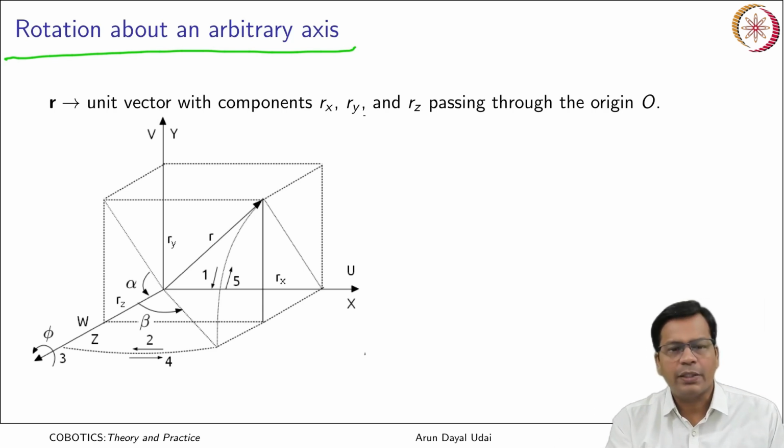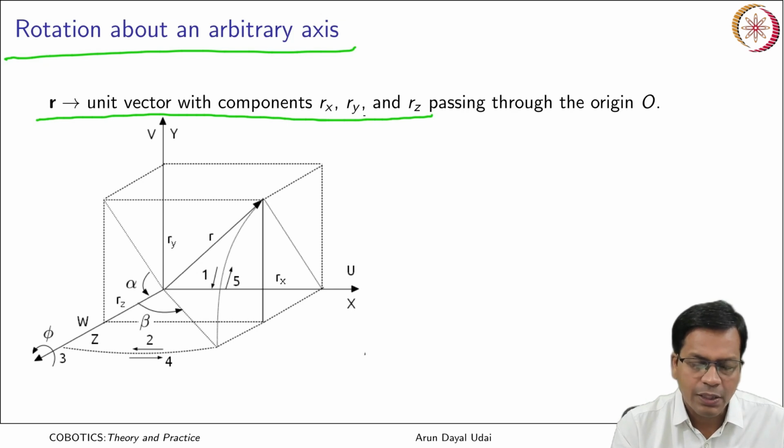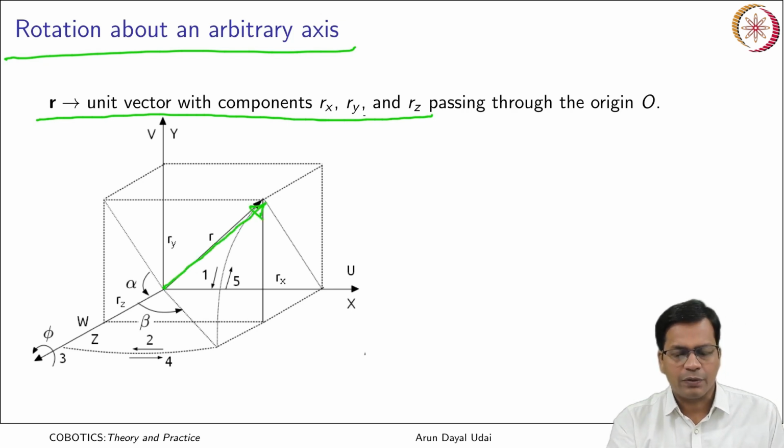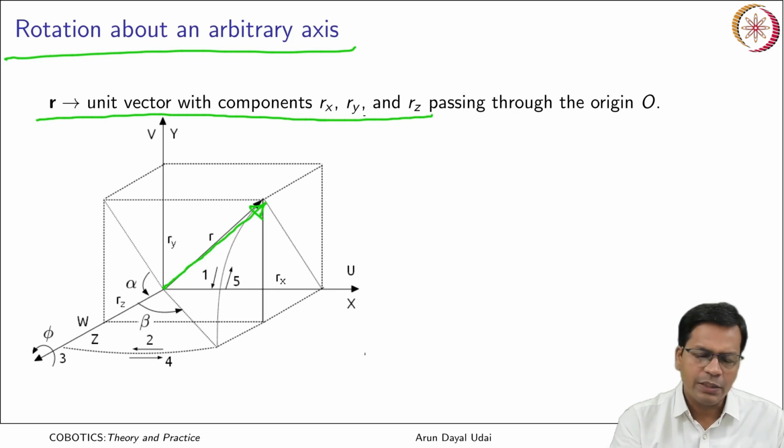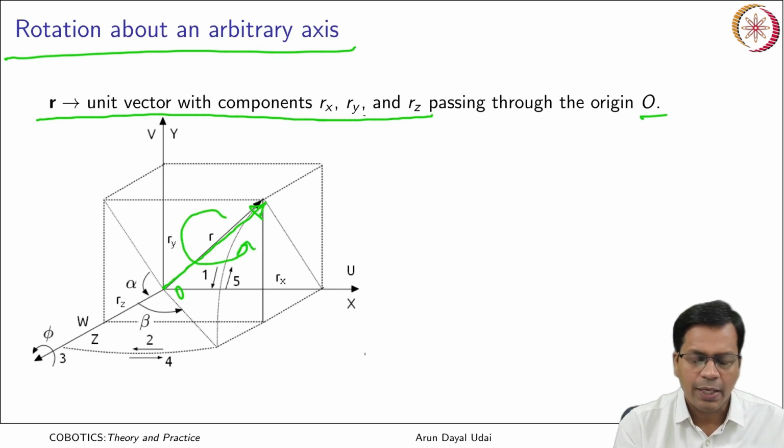In order to do that, what we tend to do here is R is the unit vector with components Rx, Ry, Rz. So, let us say this is the axis about which I want to rotate, and this passes through origin O. About this I want to do the rotation by a certain angle.